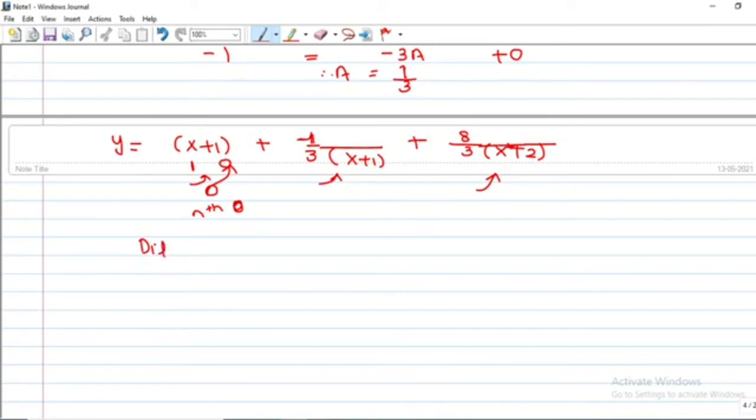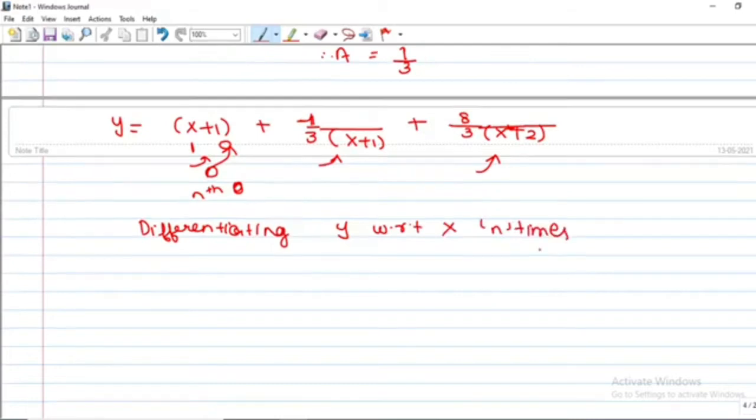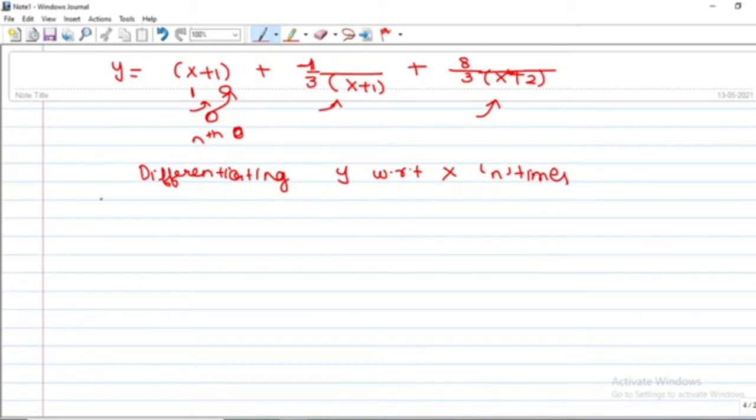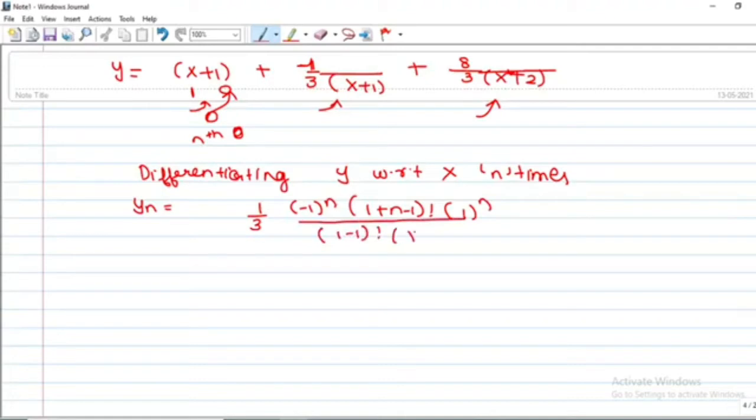So differentiating y with respect to x n times, what can we get? y_n will be 1 by 3, which we will keep outside, into minus 1 power n into (m + n - 1) factorial, where m is 1, so (1 + n - 1) factorial, into a power n, where a is 1, the whole upon (x + 1) power (m + n), which is 1 + n.